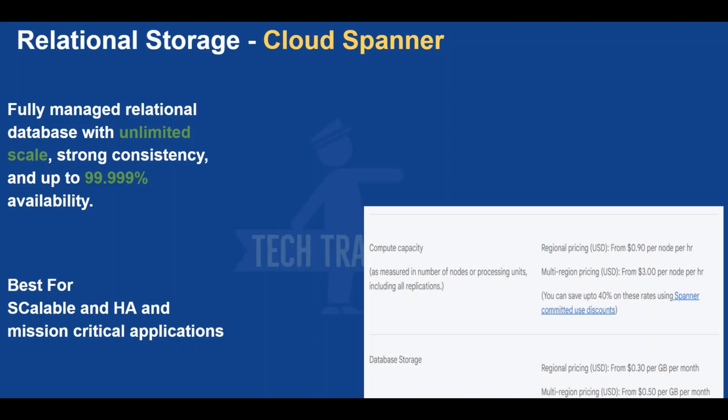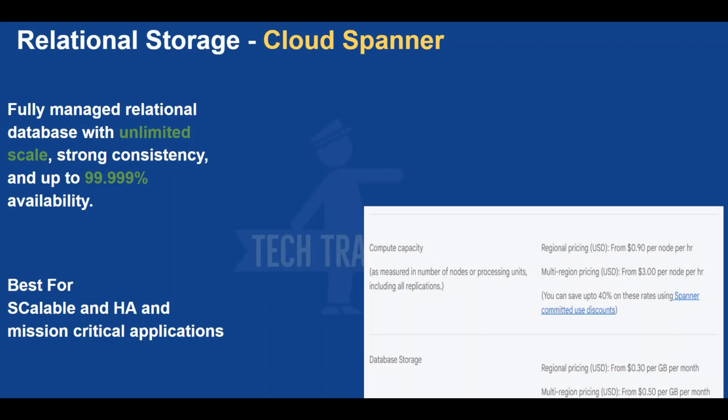So it is very highly available, and that's why it is considered a bit costlier than Cloud SQL, but it is best for scalable applications where you are running mission critical applications. The application is highly critical, you can't afford to lose any of your data, or you can't afford to lose uptime. You want almost 100% uptime. You can't afford any zonal or regional outages. In that case, you will go for Cloud Spanner.